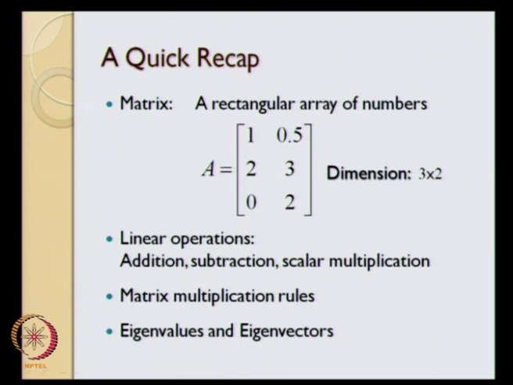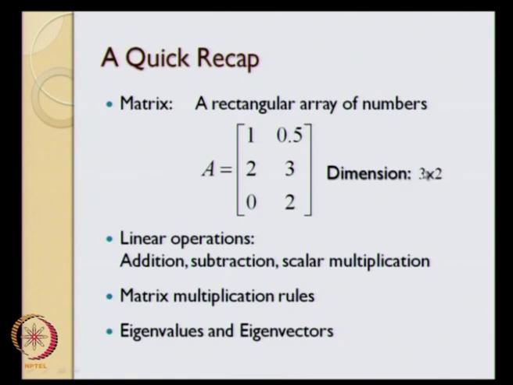Again, I will not go into the matrix multiplication rules, but for us to be able to multiply two matrices, those matrices have to be compatible. That means that the number of columns of the first matrix should be equal to the number of rows of the second matrix. So, in this particular case, we cannot multiply A by A because it is a 3 by 2 matrix.